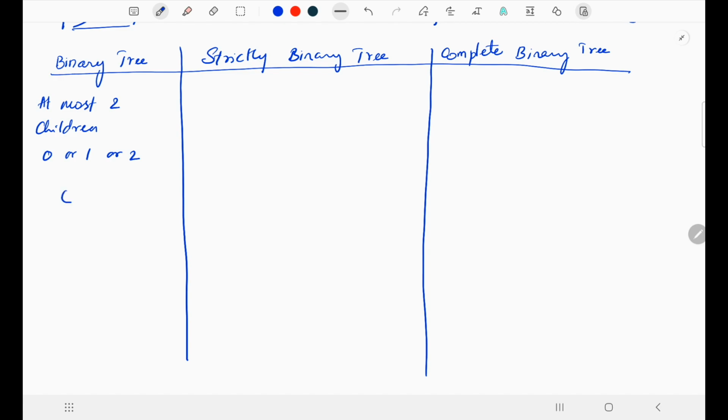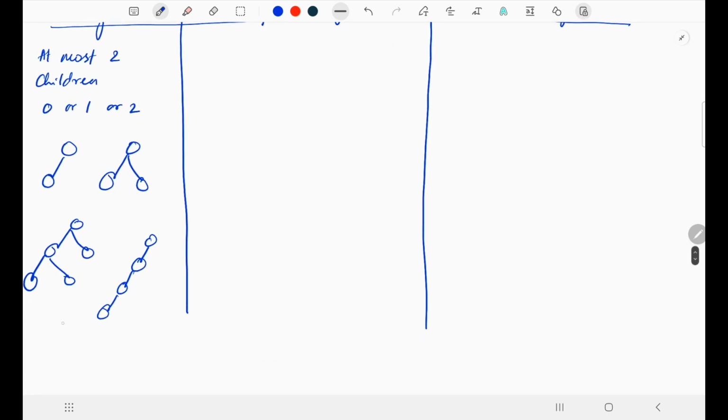For example, this is one example. This node has one child, two children, or it may have like this. So only one condition: it must have 0, 1, or 2 children. So this is also a binary tree. But if I have 3 children, this is not a binary tree.